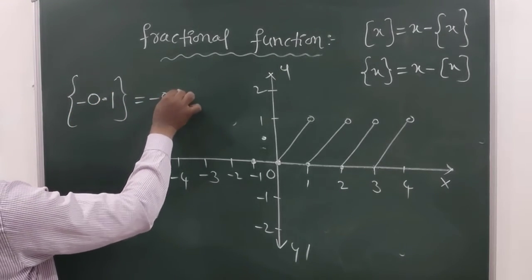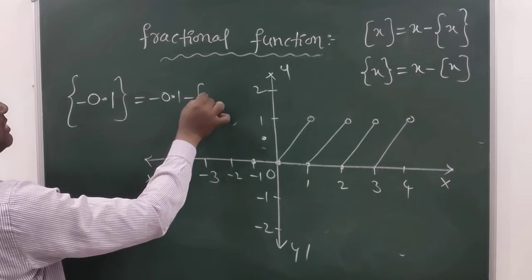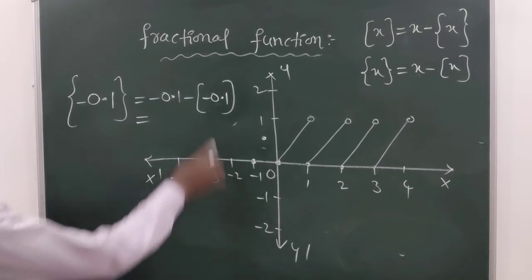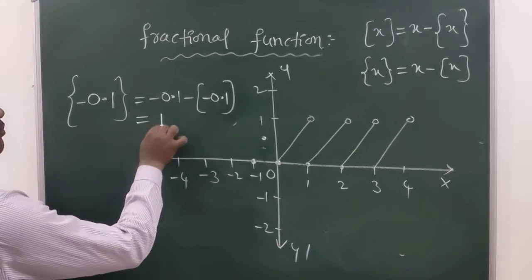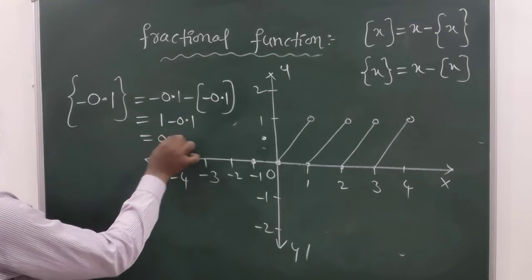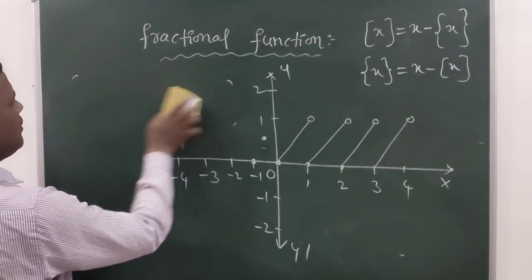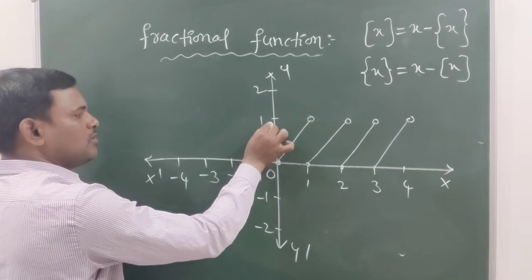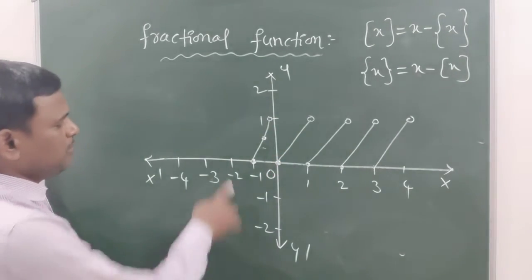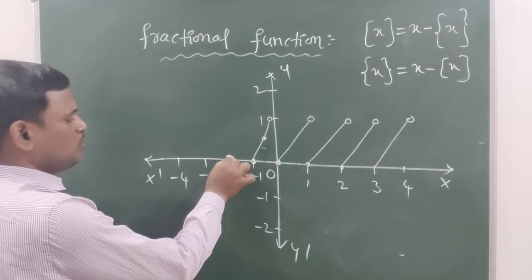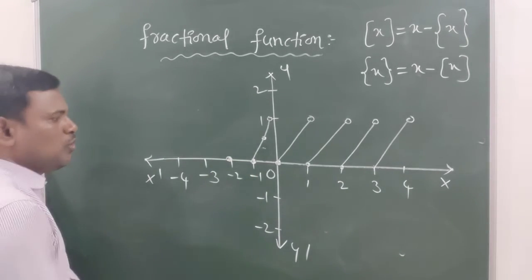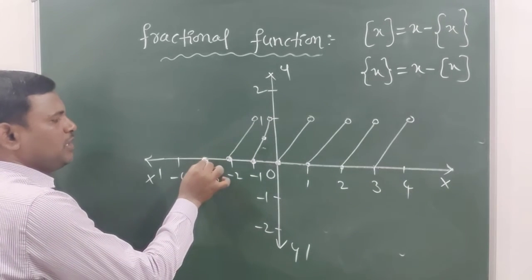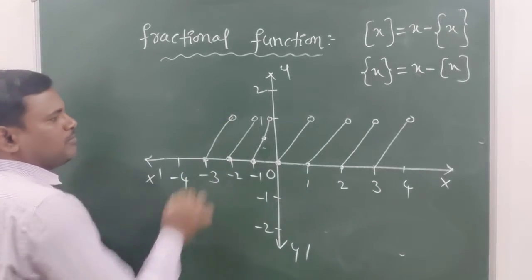Minus 0.1 minus greatest integer of minus 0.1. If you simplify this, it becomes minus 1. Minus of minus, positive. 1 minus 0.1 is equal to 0.9. So here it is open. Similarly, from minus 2 to minus 1, minus 2 is included in the domain. And whereas the range, here it is open. Minus 3 to minus 2, here it is open.